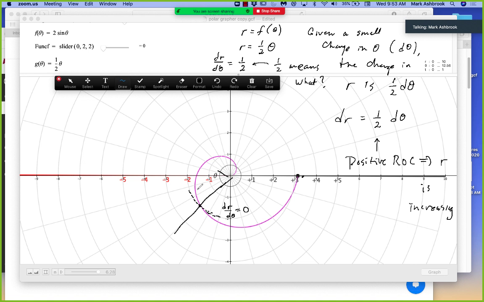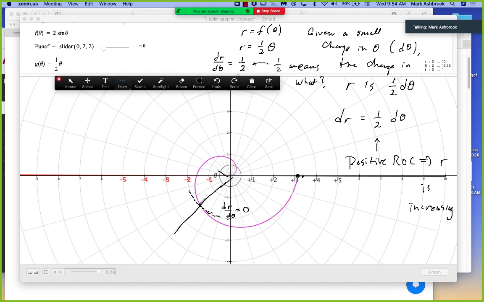And so now comparing the purple line to the dotted line, you see that for angles less than, the radius is less, and for angles greater than, the radius is more. Can you see in your mind's eye that that's an increasing r and therefore a positive rate of change compared to the dotted line, which stays the same distance from the pole, a rate of change of 0?